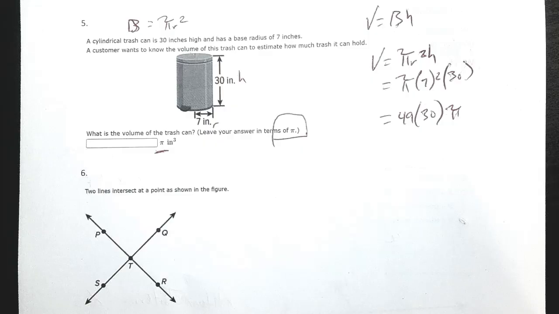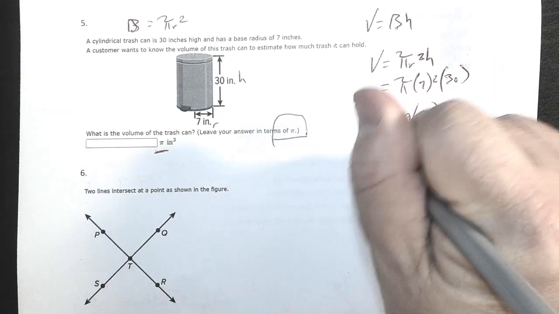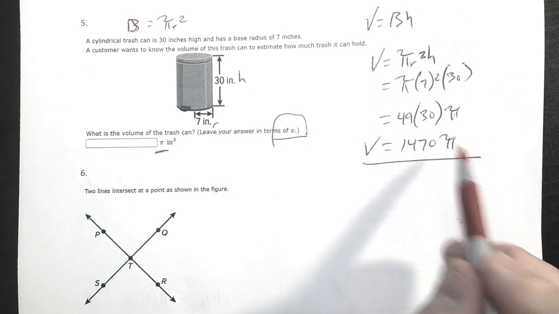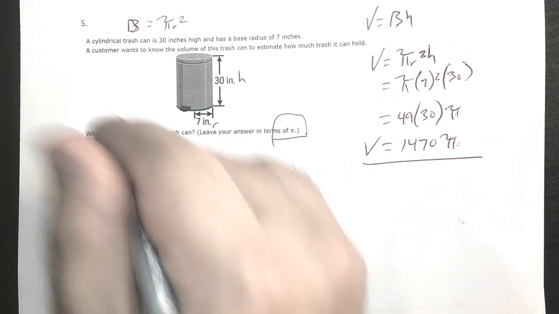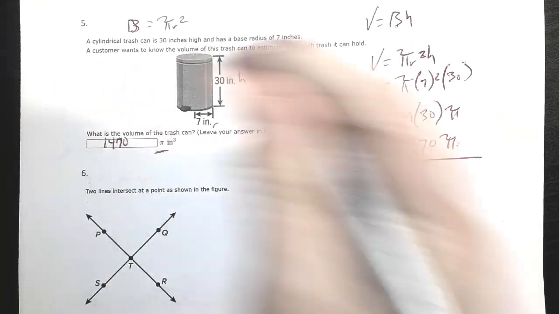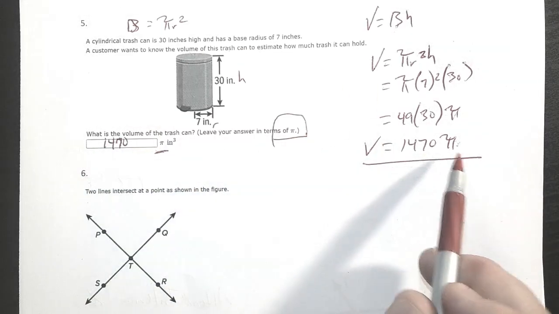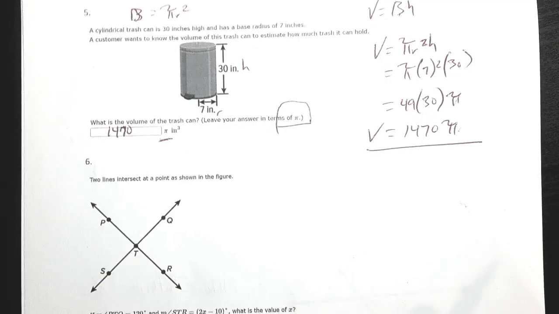And 49 times 30 is 1,470 pi. Well, again, they want it in terms of pi, so we're not going to multiply by pi. We're just going to leave it at that. Just remember, pi is the button on the calculator. It's 3.14 only when they tell you.